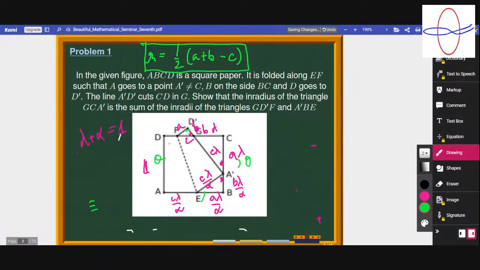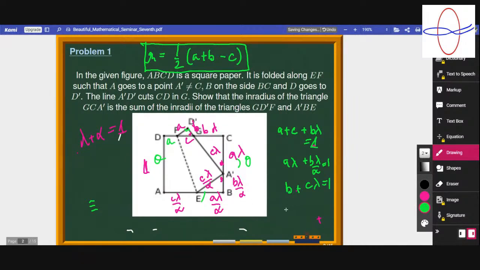So therefore, this is also what? This is A. So if we have A plus C plus B lambda equal to 1, we have this result. We have A lambda plus B lambda by alpha equal to 1. We have B plus C lambda equal to 1.